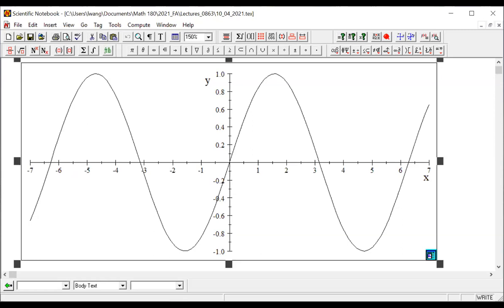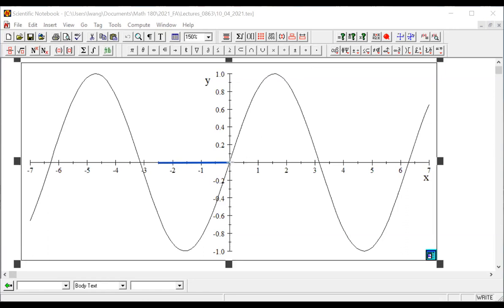Right? So how do you know if it's even or odd or neither? The visual would be, suppose this is my x. This is my x. What's the negative x?